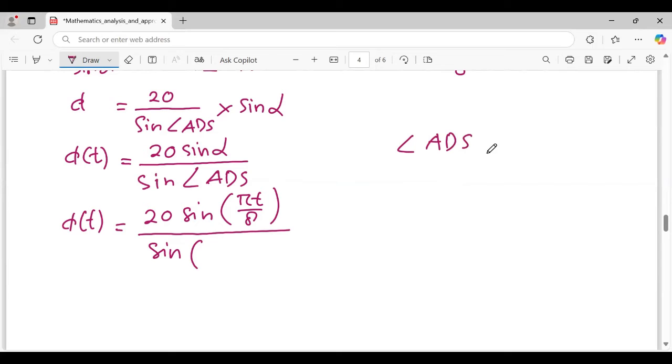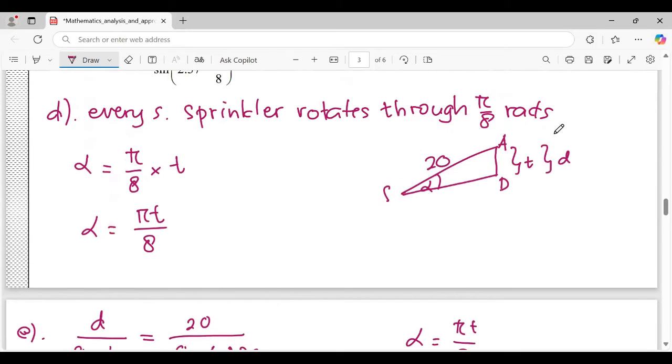Angle ADS equals, if you look at this triangle, this angle ADS, this is angle beta.